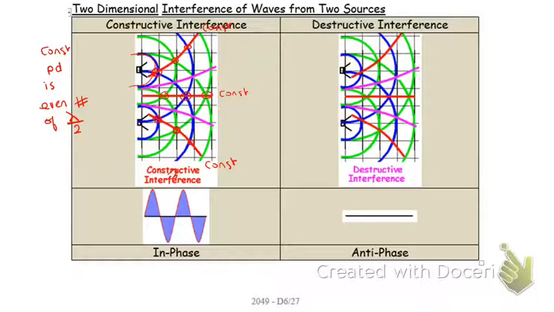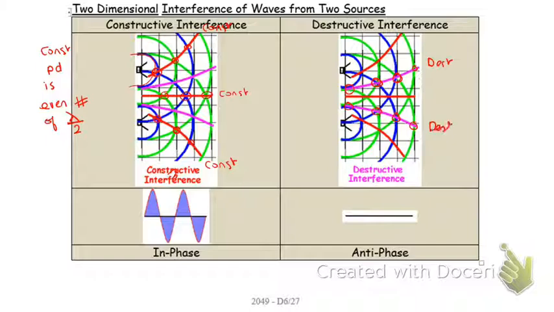On the same diagram, but now if you look over here, at this point, I have a crest arrives with a trough. I have a crest arrives with a trough, again and again. That's destructive interference. That would be calmness. I have a crest arrives with a trough, a crest arrives with a trough, a crest arrives with a trough.